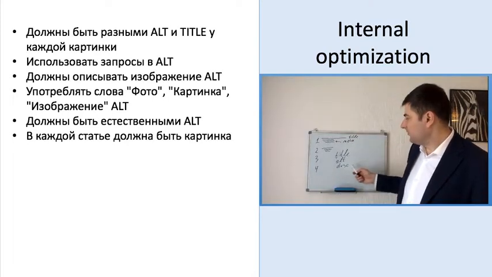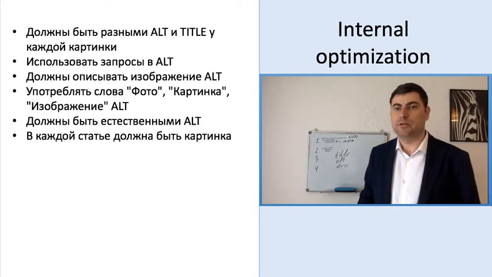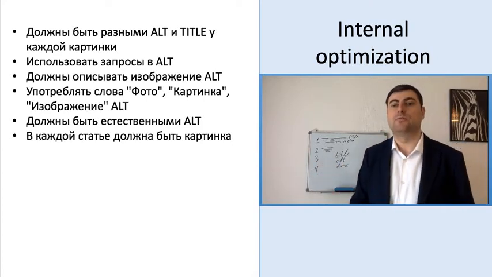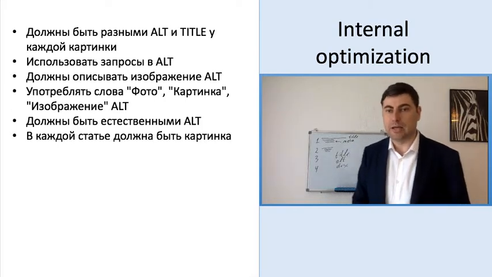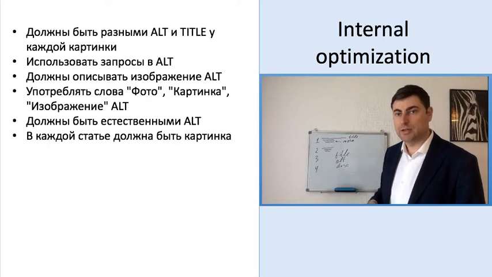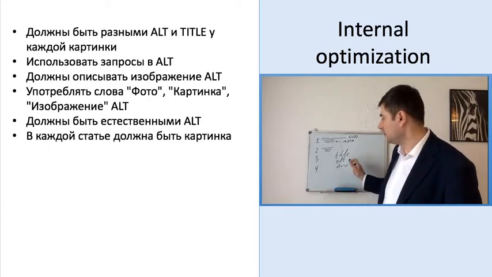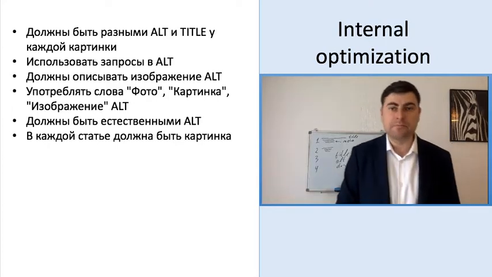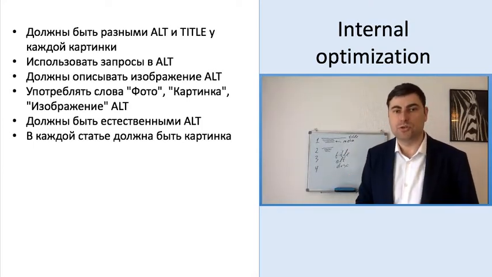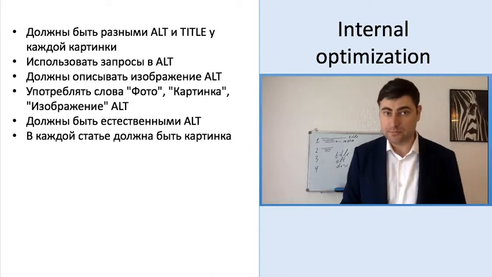All these fields of each image should be different. You can find these fields in the WordPress media library: open each image in WordPress and you will find the title and description. So all of them should be different, and all of them should have keywords.